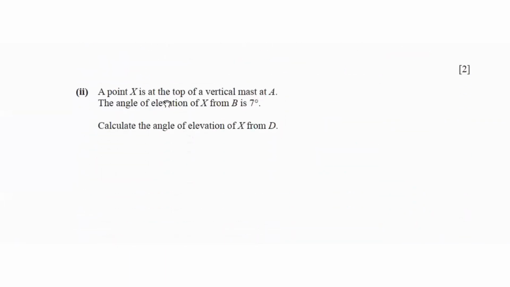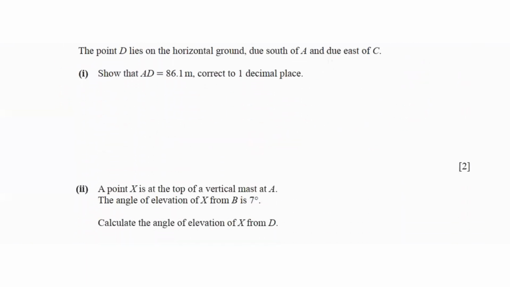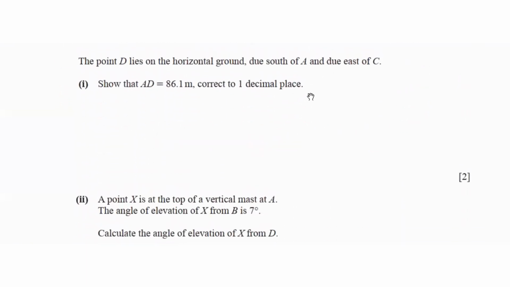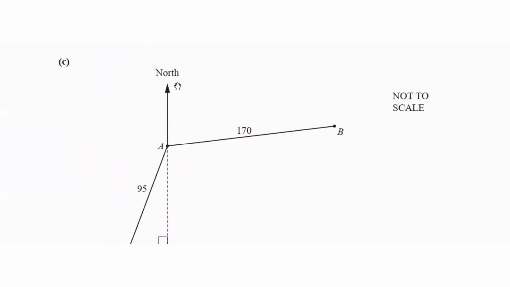A point X is at the top of a vertical mast at A. The angle of elevation of X from B is 7 degrees. Calculate the angle of elevation of X from D. So X is at the top of a vertical mast at A. So let's say X is over here.